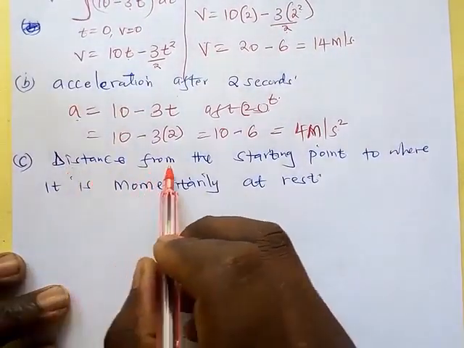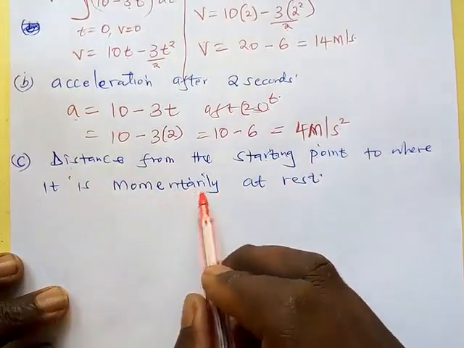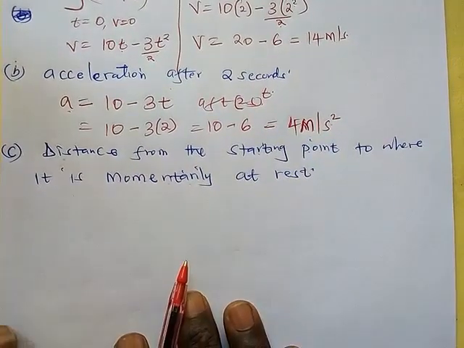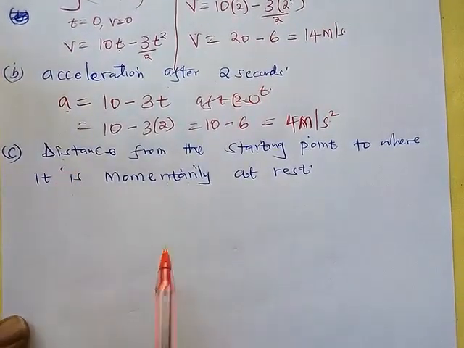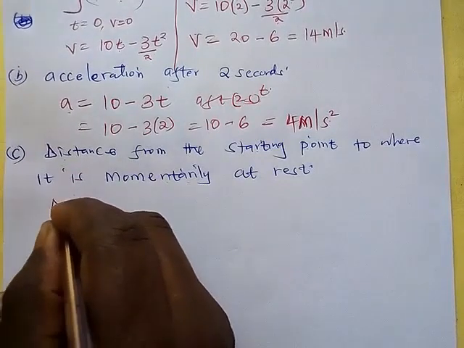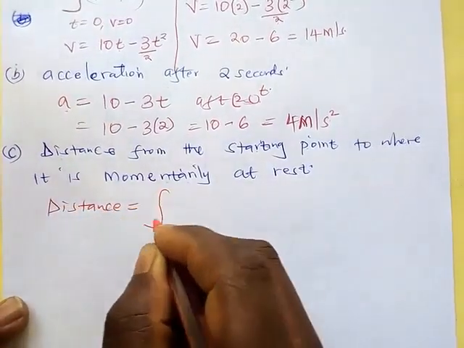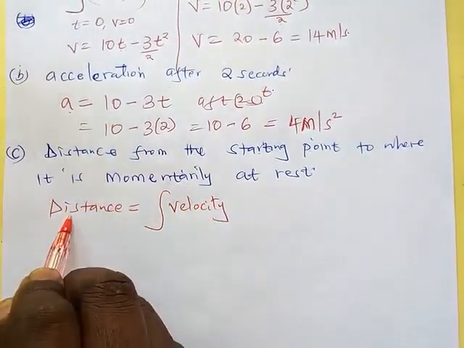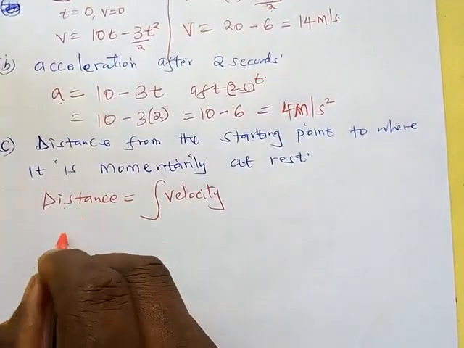Find the distance from the starting point to where it is momentarily at rest. So we are calculating a distance, but remember, distance is obtained when you integrate velocity. For you to get the distance, you integrate velocity. So distance is given by s.